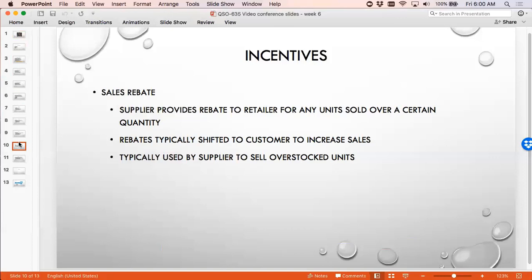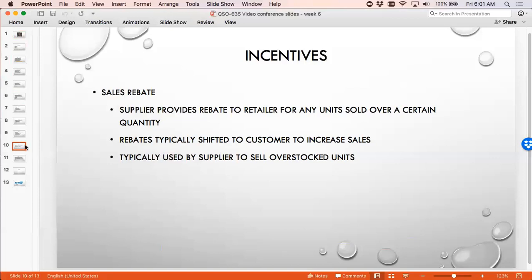They'll say, hey, look, we're going to offer a rebate to you because the manufacturer is offering a rebate to us to get rid of products. So that's a way to shift the risk from a manufacturer who may not have access to a certain market to a new buyer.